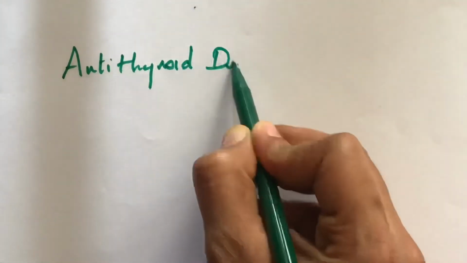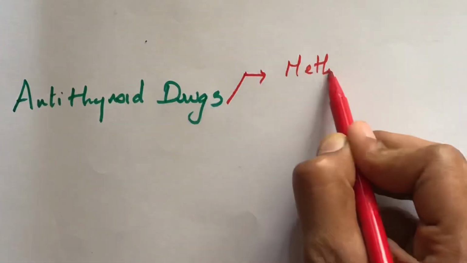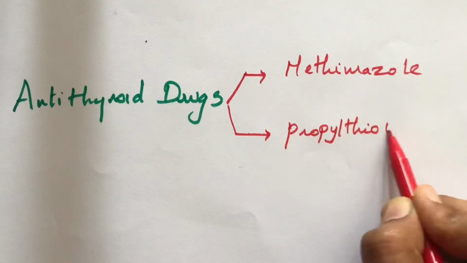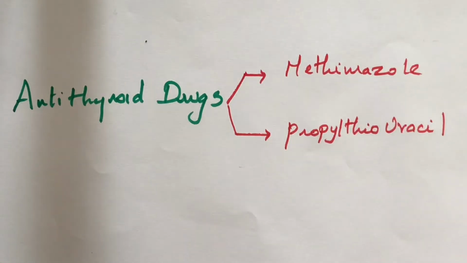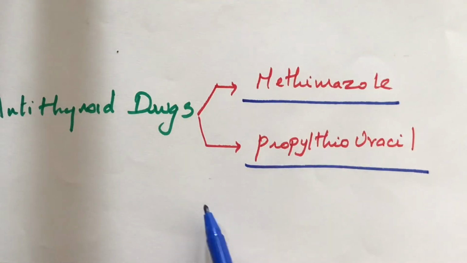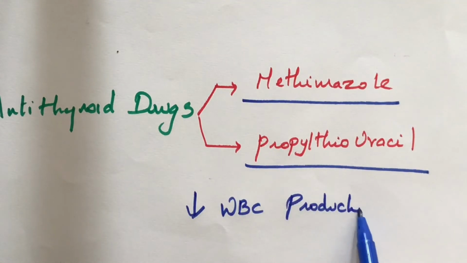Next line of conservative management is anti-thyroid drugs. The two main drugs are methimazole and propylthiouracil. And the major adverse effect of these drugs is reduction in WBC production, which is agranulocytosis. Thank you.